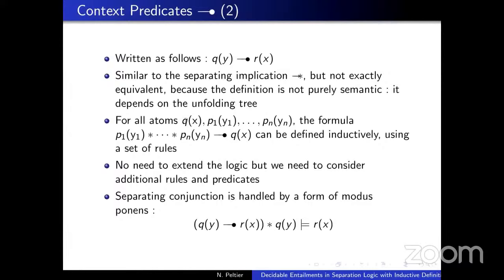We can show that for any atoms here, this formula can be actually defined inductively using a set of inductive rules. So there is no need to extend the logic, but we need to extend the set of rules and predicates. And afterwards, separating conjunction can be undone by using a form of modus ponens.